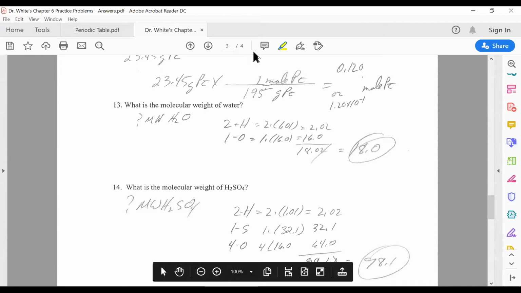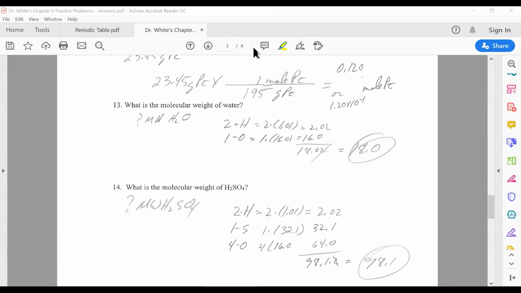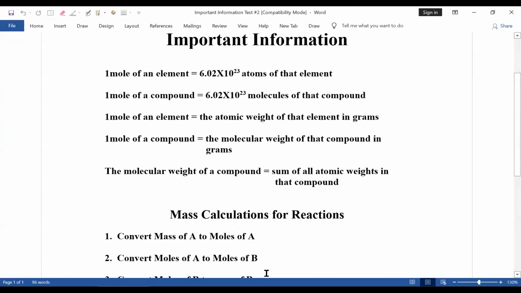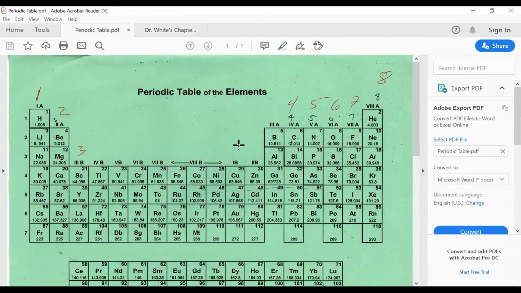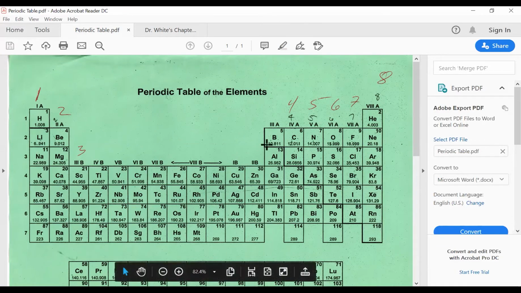Remember, when you look at the periodic table, use all atomic numbers rounded off to 3 significant figures.